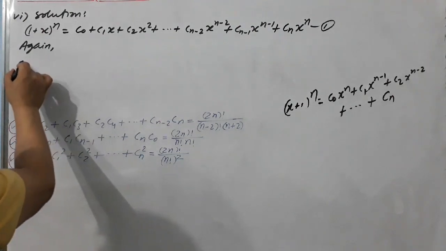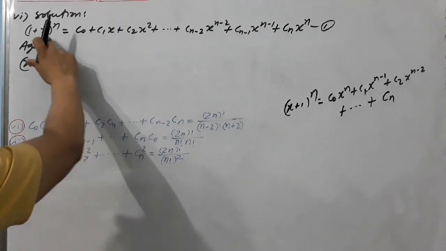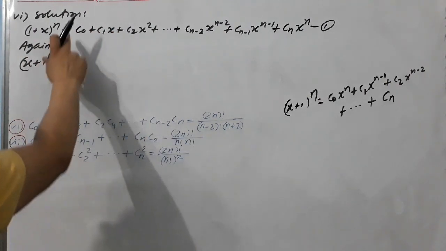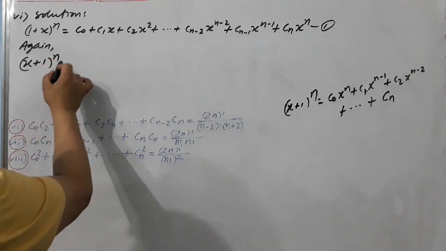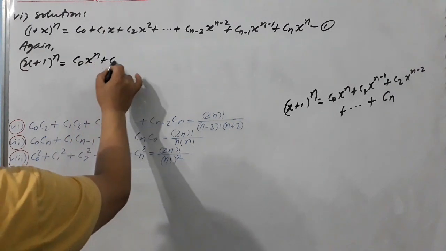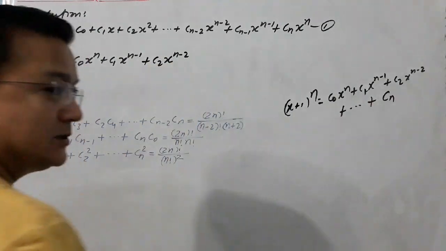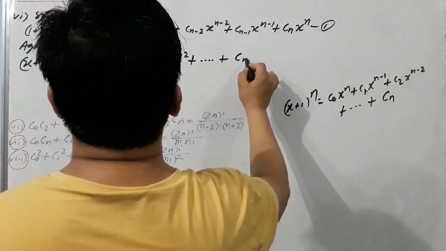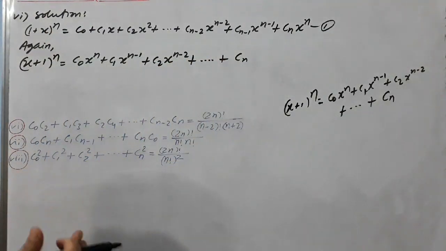Again you need to write down x plus 1, because if you want to multiply by itself, you can just write the same thing again and then multiply. But the first one is not going to support that, so we need to expand this one: c0 x raised to power n plus c1 x raised to power n minus 1 plus c2 x raised to power n minus 2 plus dot dot dot, finally you will write down cn. Because you will get c x raised to power n minus n, which means x raised to power 0, so you can write only cn.